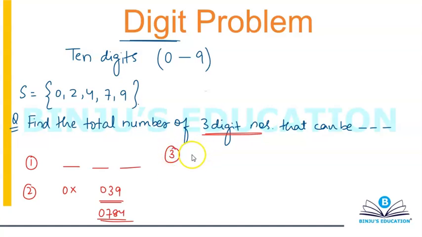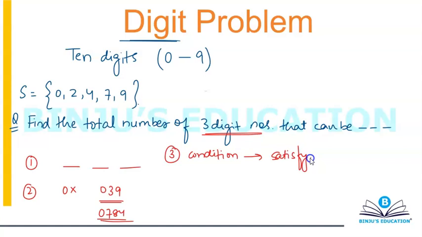Step number 3 is if there is any condition given to us, like in this case we haven't taken a condition as of now. Probably when we'll solve a couple of more questions, we'll have some conditions. So try to satisfy that condition first.